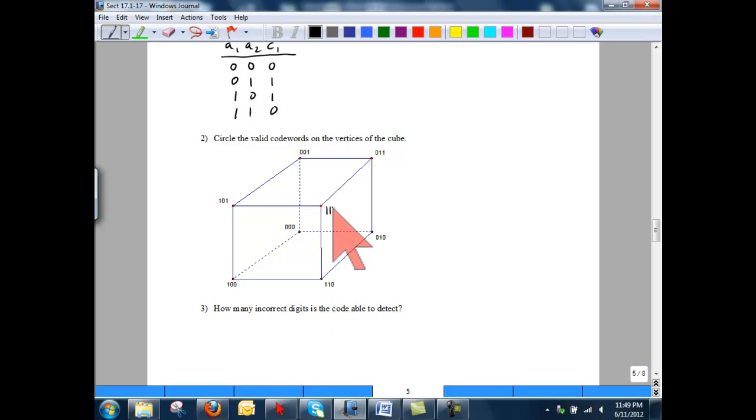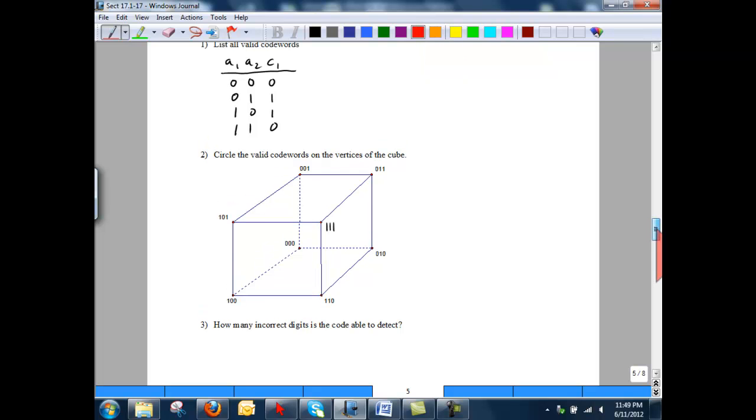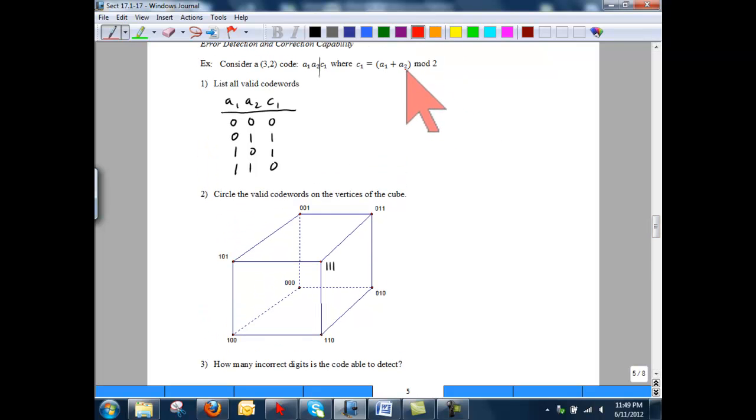And there should be a 1, 1, 1 right here. So question, which of the possible code words are actually valid by our definition of the check bit? So we found that 0, 0, 0 is, and 0, 1, 1, and 1, 0, 1, and 1, 1, 0.